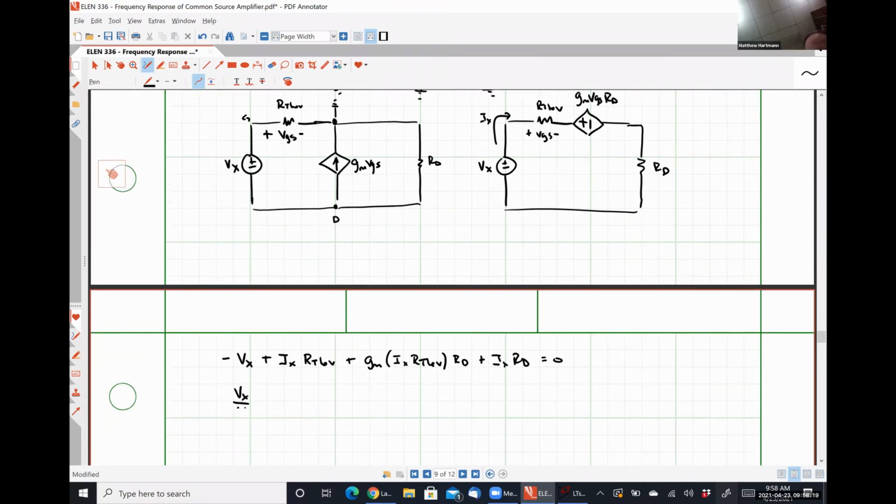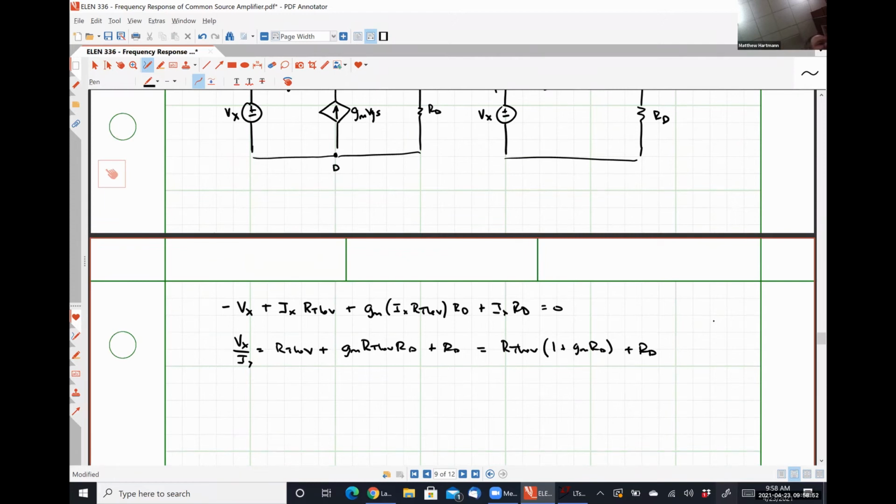So from this, Vx over Ix is equal to R thev plus Gm R thev RD plus RD, which looks like R thev times 1 plus Gm RD plus RD.